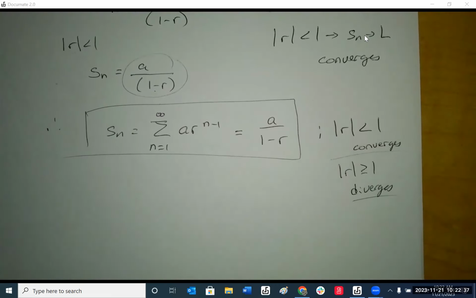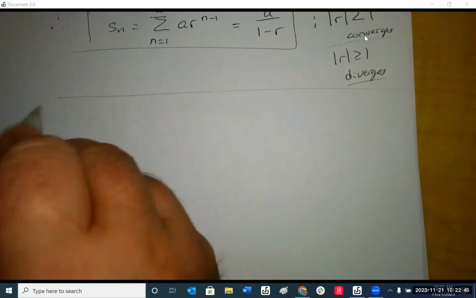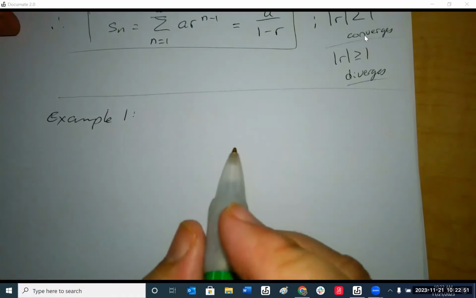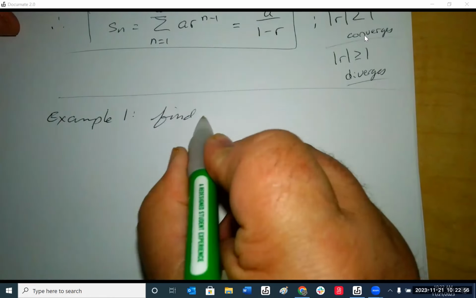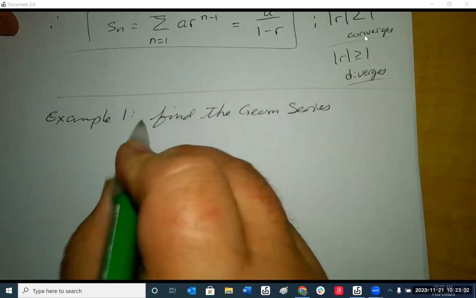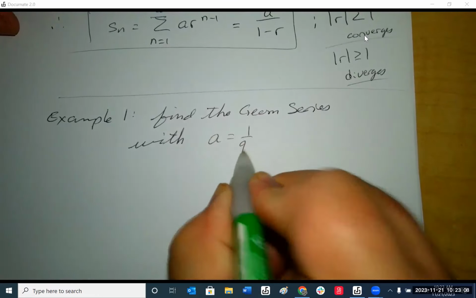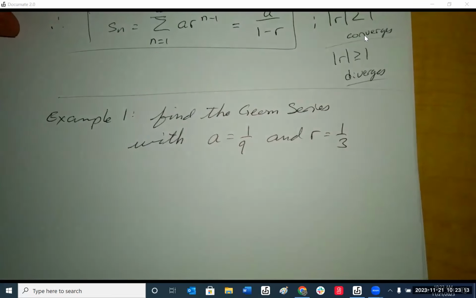All right, so let's look at our examples. Example 1. Find the geometric series with A equals 1/9, and the common ratio is 1/3.